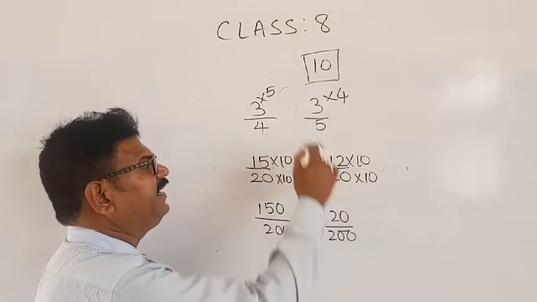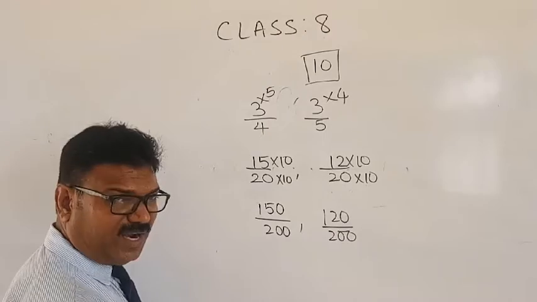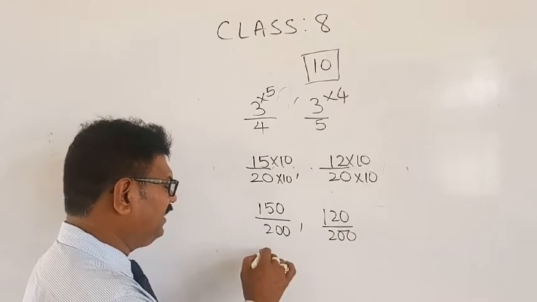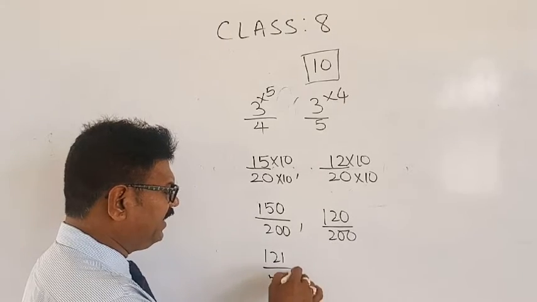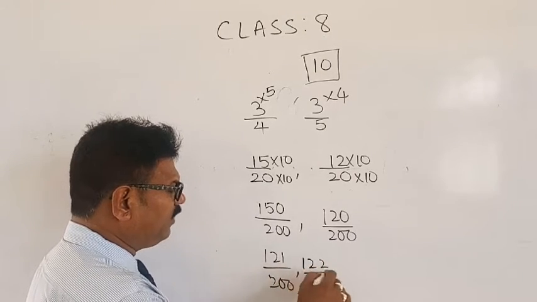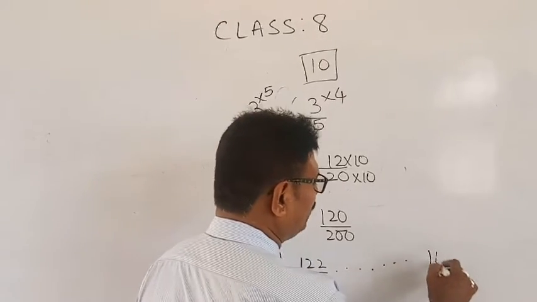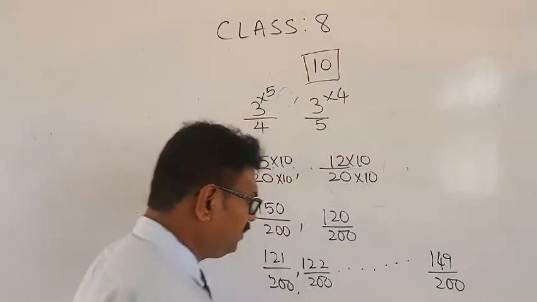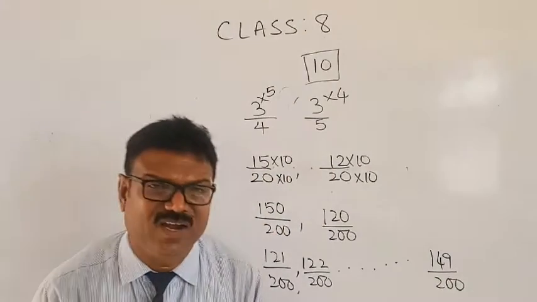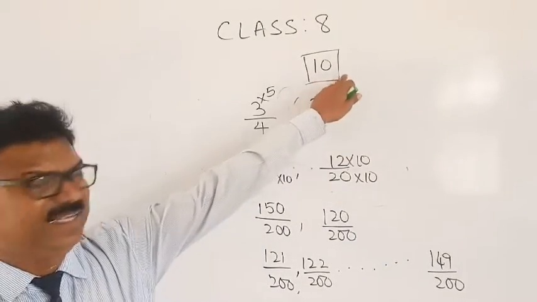If you simplify, you will get 3/5 only. Now 120 is there. Next number 121 by 200, 122 by 200, and the last number 149 by 200. Whichever number you want, you can write. But only 10 numbers.